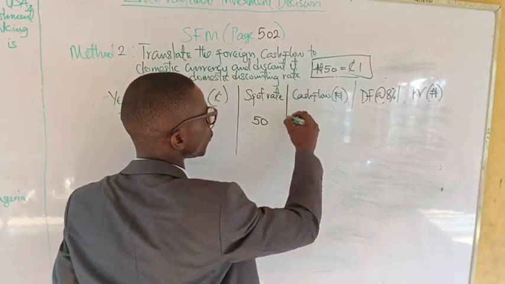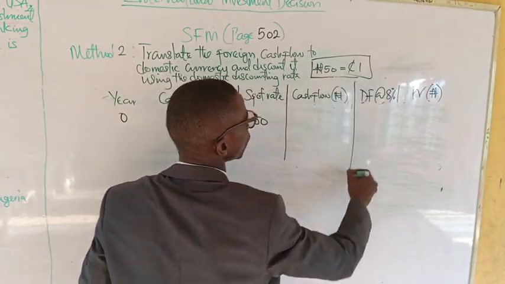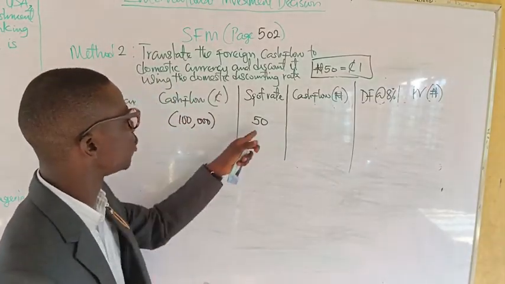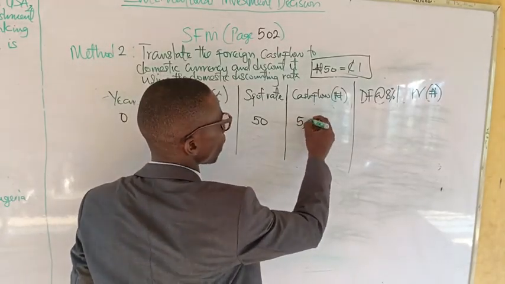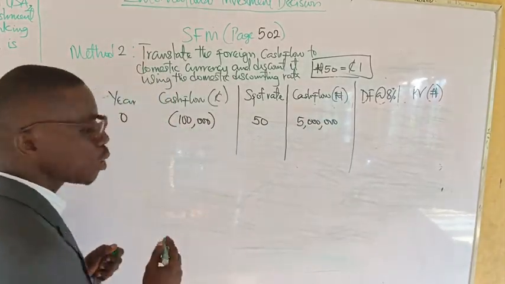Am I communicating? Now, what will be the cash flow in naira if you convert it? That is 50 times 100,000, which will give us 5 million.